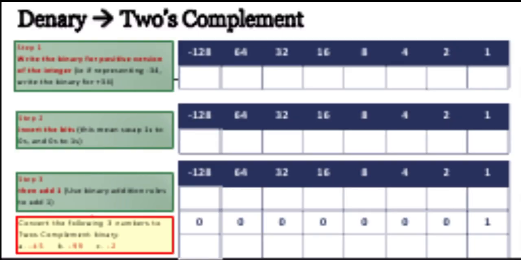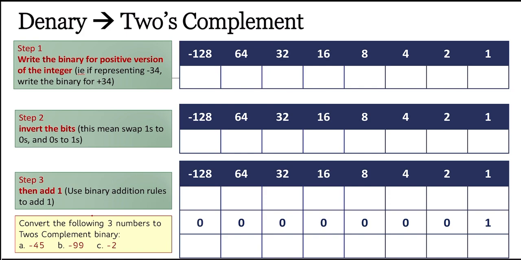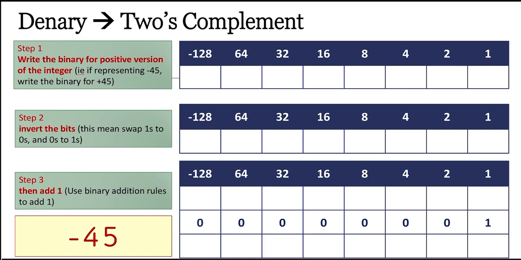Let's do one more. Let's do negative 45. So step 1. Write the binary for the positive version of 45.